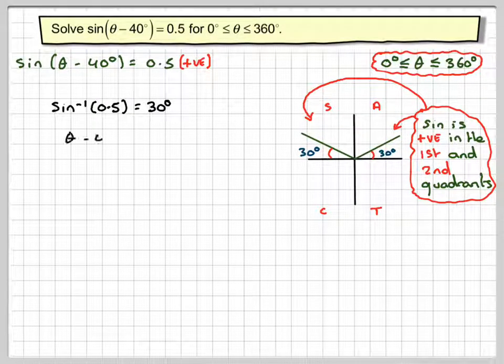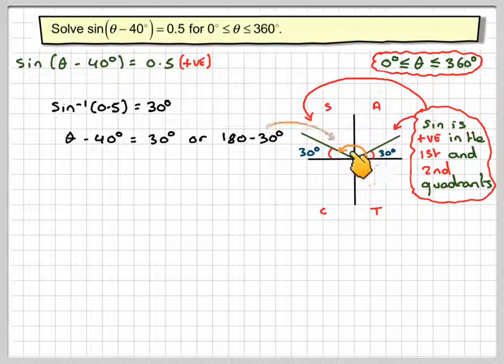So because we're doing theta minus 40 degrees, instead of saying theta, we now say theta minus 40 degrees is going to be equal to 30 degrees, and then go around to this one here, which is the orange one, which will be 180 minus 30 degrees.